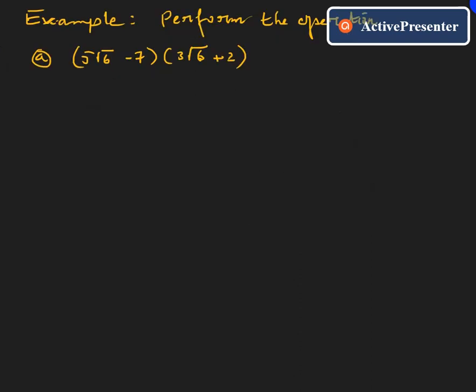If an example comes to you, perform the operation. We have 5 multiplied in the square root of 6 minus 7, all multiplied in 3 multiplied in the square root of 6 plus 2, or between parentheses.